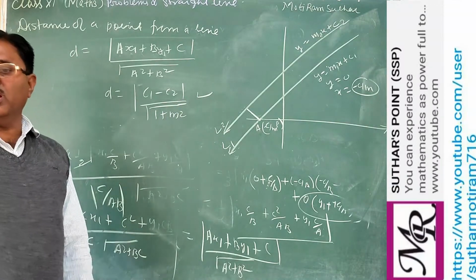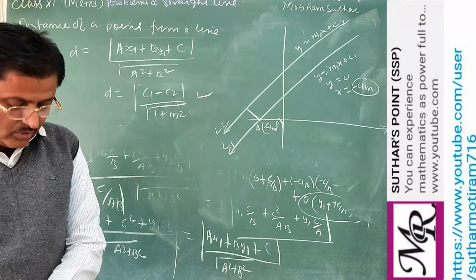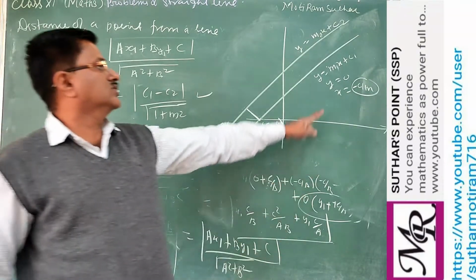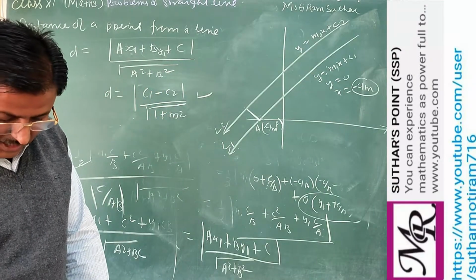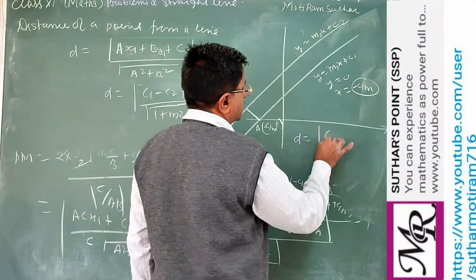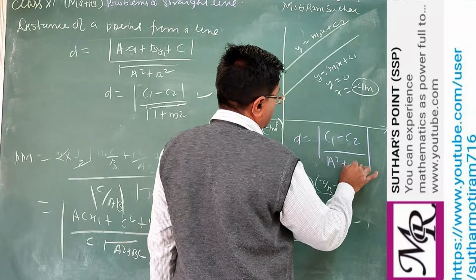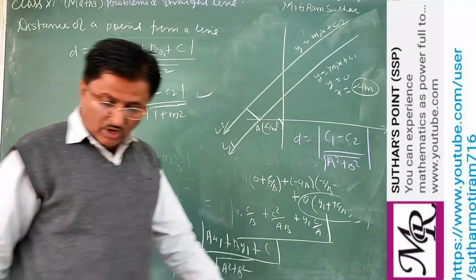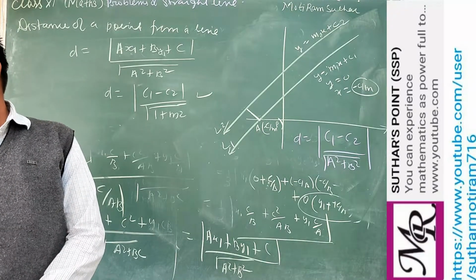This is the formula for finding the distance between two parallel lines when lines are given in slope form. Now if lines are given in general form, then this formula will be changed as mod of c1 minus c2 upon root of a square plus b square.